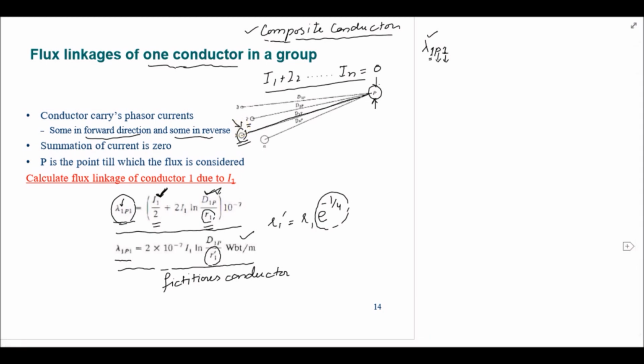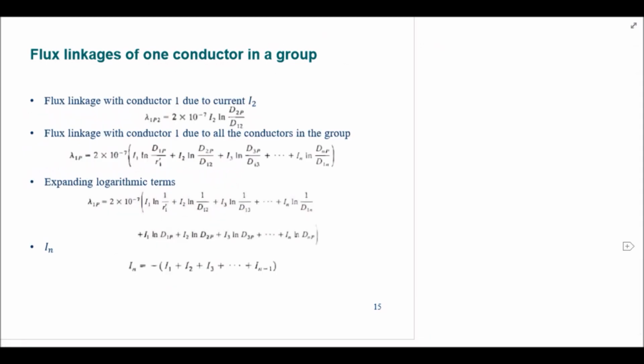Now if I have to write the equation for the flux linkage with conductor number 1 till point P due to the current flowing in conductor number 2, this is lambda 1P2, the flux linkage with conductor number 1 till point P due to the current flowing in conductor number 2.